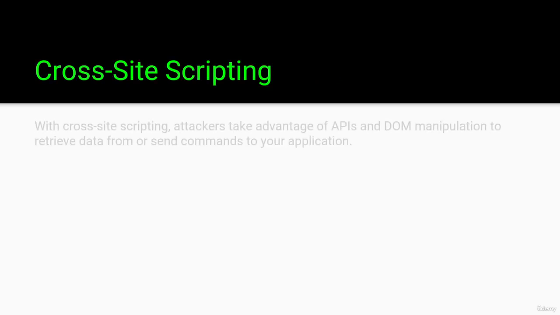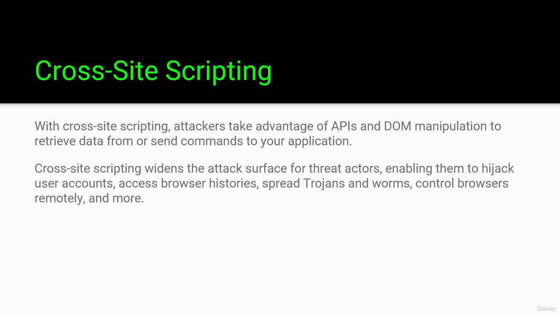Cross-site scripting. With cross-site scripting, attackers take advantage of APIs and DOM manipulation to retrieve data from or send commands to your application. Cross-site scripting widens the attack surface for threat actors, enabling them to hijack user accounts, access browser histories, spread trojans and worms, control the browser remotely, and more.